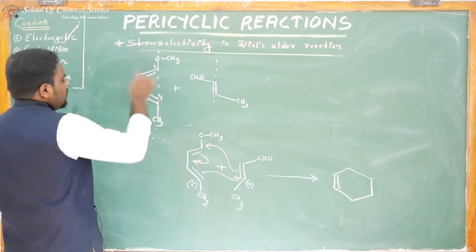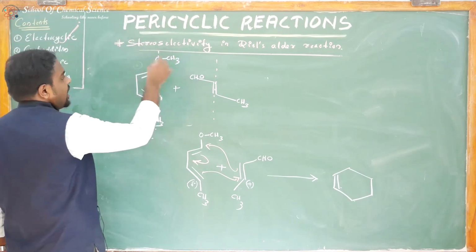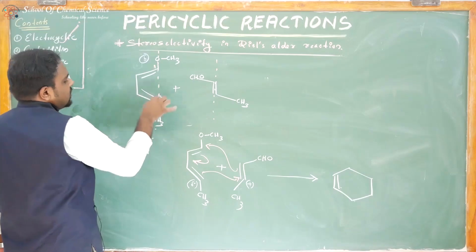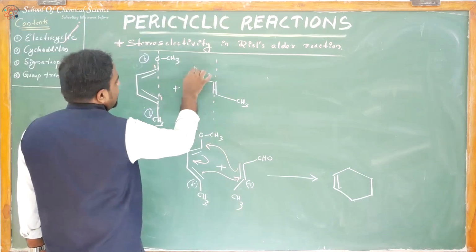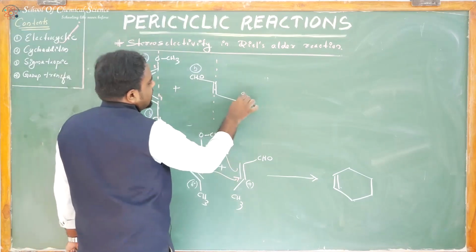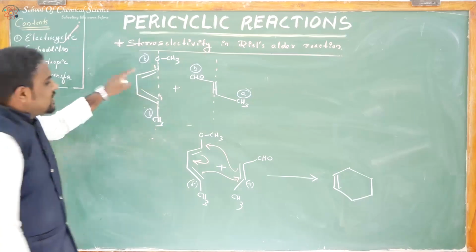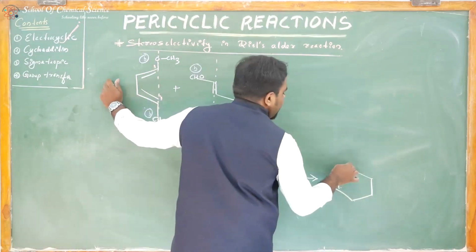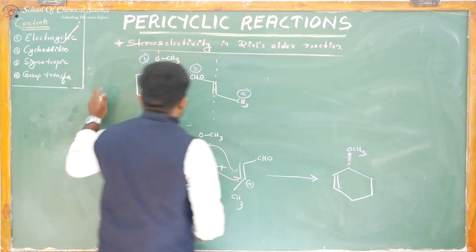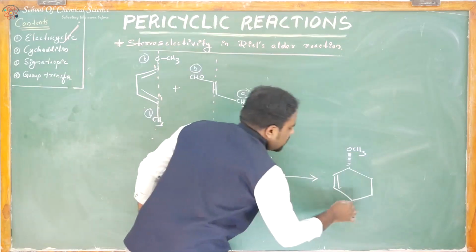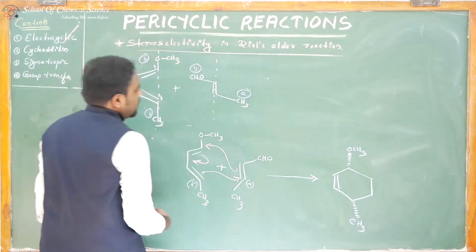Those substituents on the line: this OCH3 is on the line, that will be below the plane. This CH3 is on the line, that will be below the plane. This is the left side of the line, below the plane. This is the right side of the line, above the plane. Then mark the stereochemistry. First OCH3 is below the plane. Next CH3 is also below the plane.